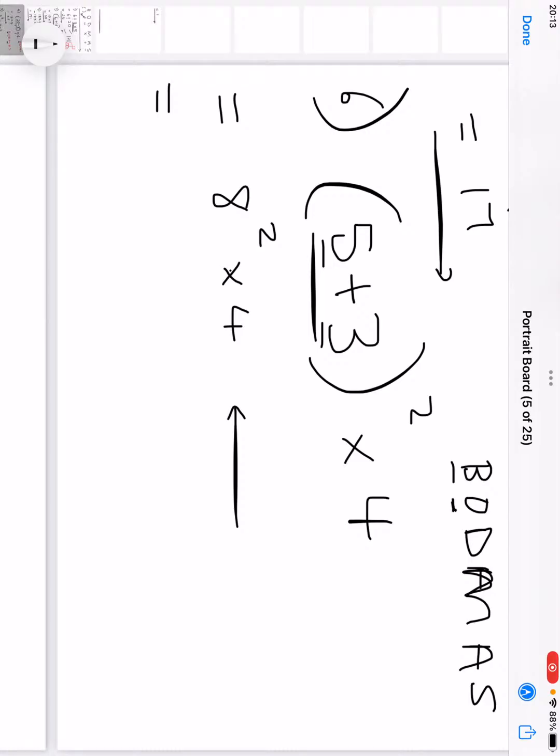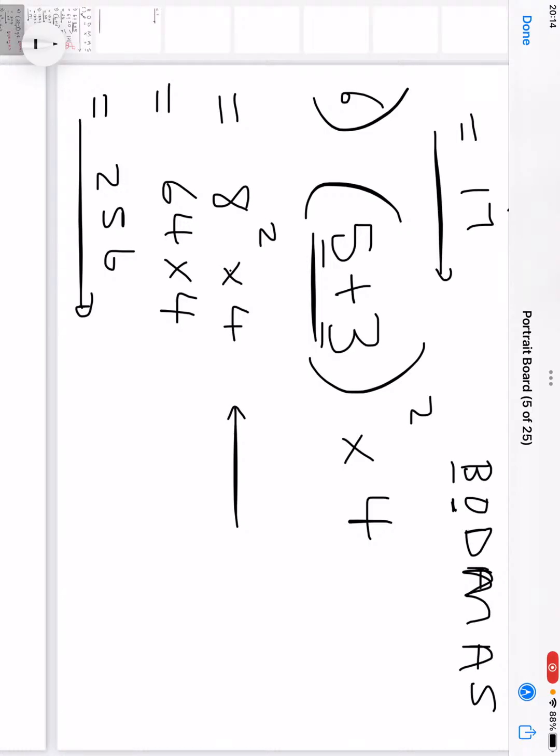Yes, we do have O for the power, that one of 8 squared. 8 squared is 64, so that means you have 64 that you need to multiply by 4. Then 64 multiplied by 4 therefore gives you 256, and that should be the end of it.